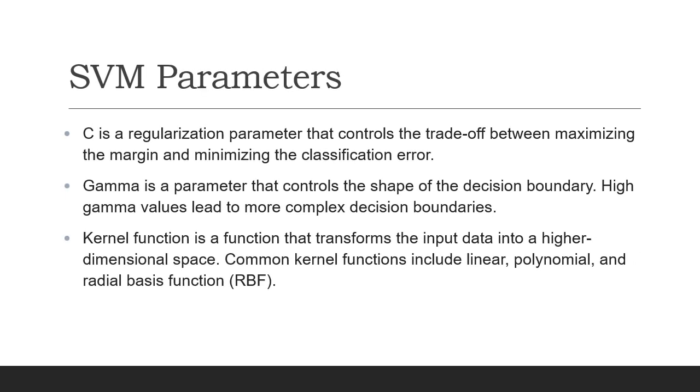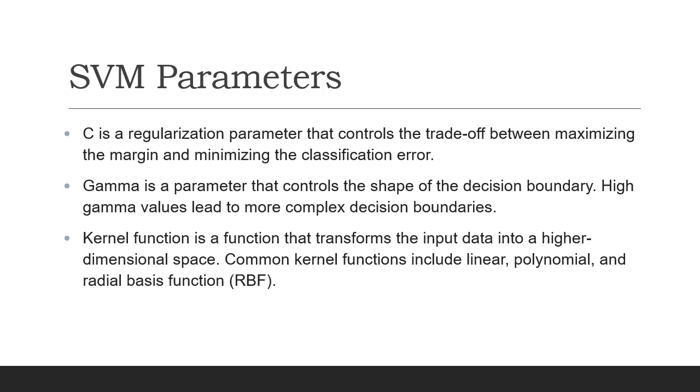SVM parameters. C is a regularization parameter, where C controls the trade-off between maximizing the margin and minimizing the classification error. Then gamma is a parameter that controls the shape of the decision boundary, and high gamma values will lead to more complex decision boundaries than low gamma values.